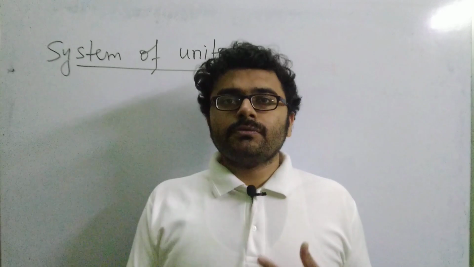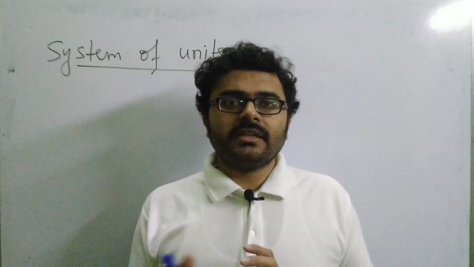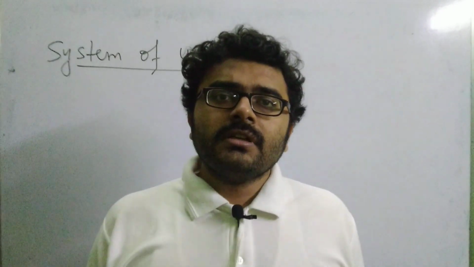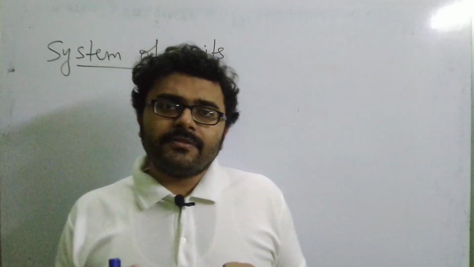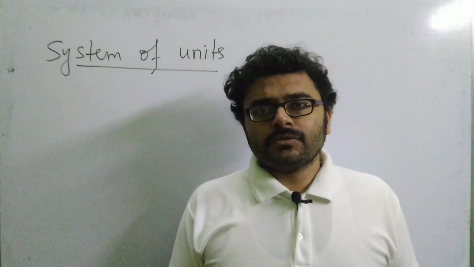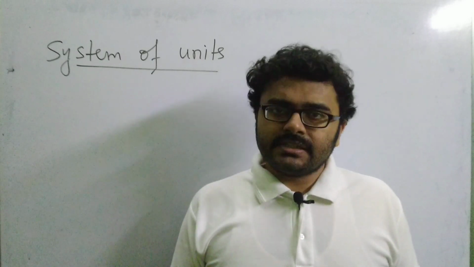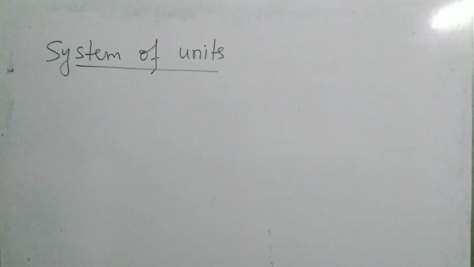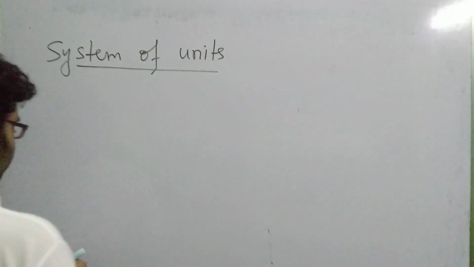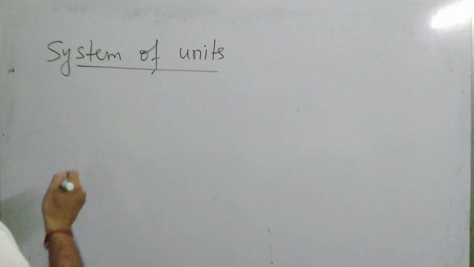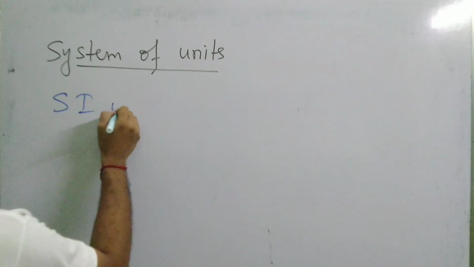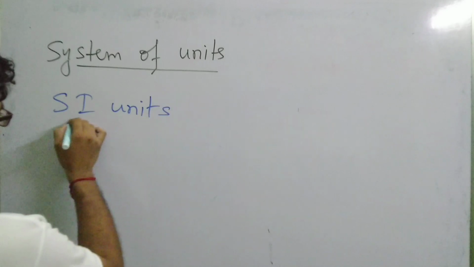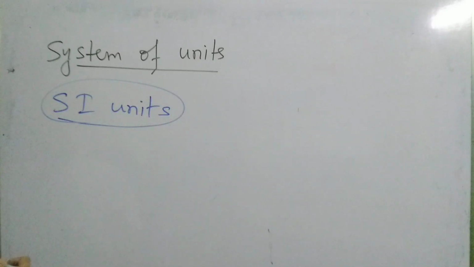So here there was a requirement for standard units, and from there it gave rise to the SI system of units. Okay, when you need to standardize the system of units, the SI system of units was introduced. SI units. Okay, so I think the concept is clear.